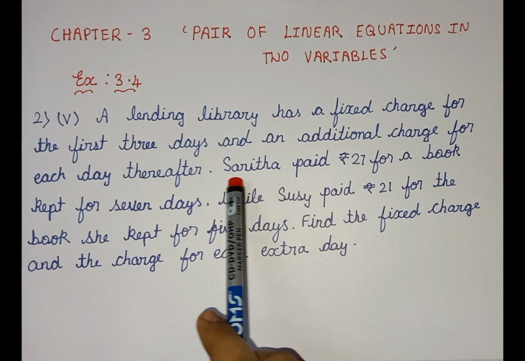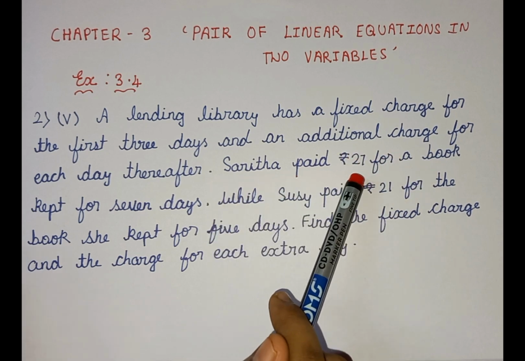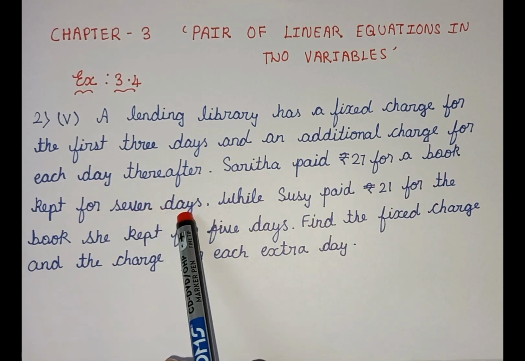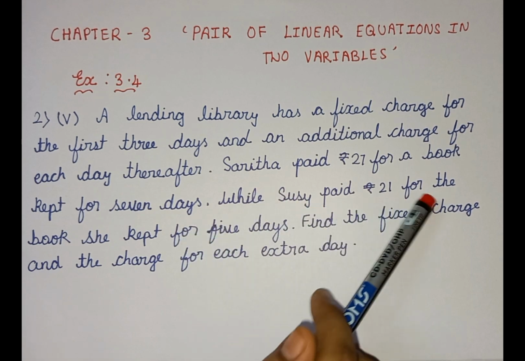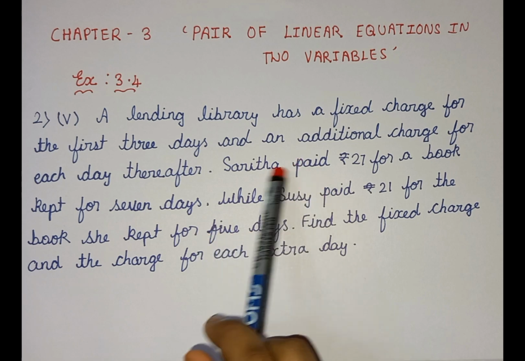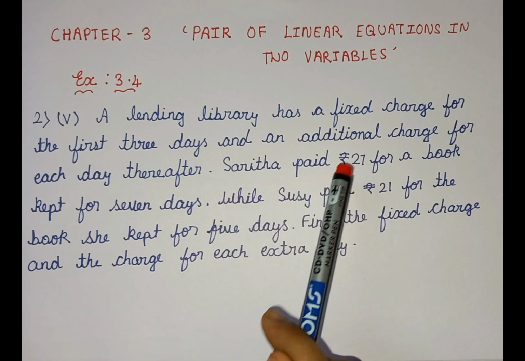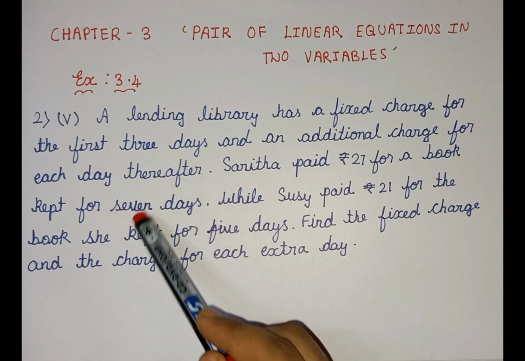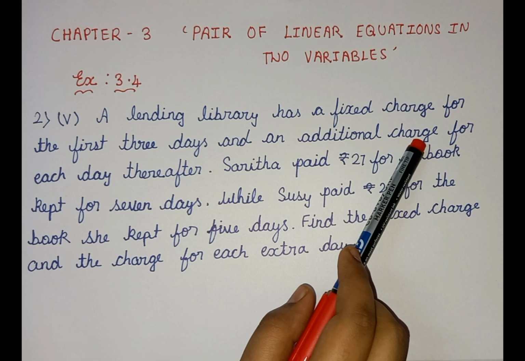That means we have to pay extra amount if we keep the book for the 4th day or 5th day and so on. Sarita paid Rs 27 for a book. She took a book from the library and kept it for 7 days in her home to read it, while Susie paid Rs 21 for the book she kept for 5 days. Here Sarita paid 27 and Susie paid 21, but they paid the fixed charge for the first 3 days. Since they kept the book for extra days, they are supposed to pay additional charge, isn't it?